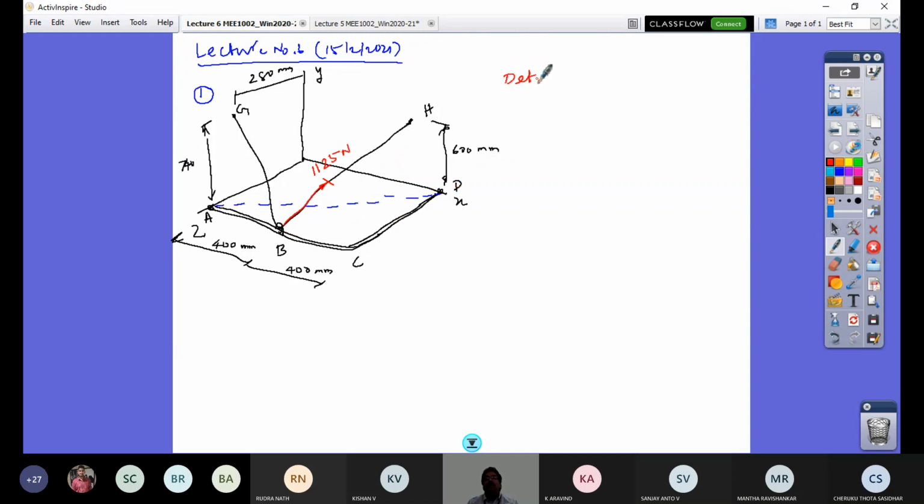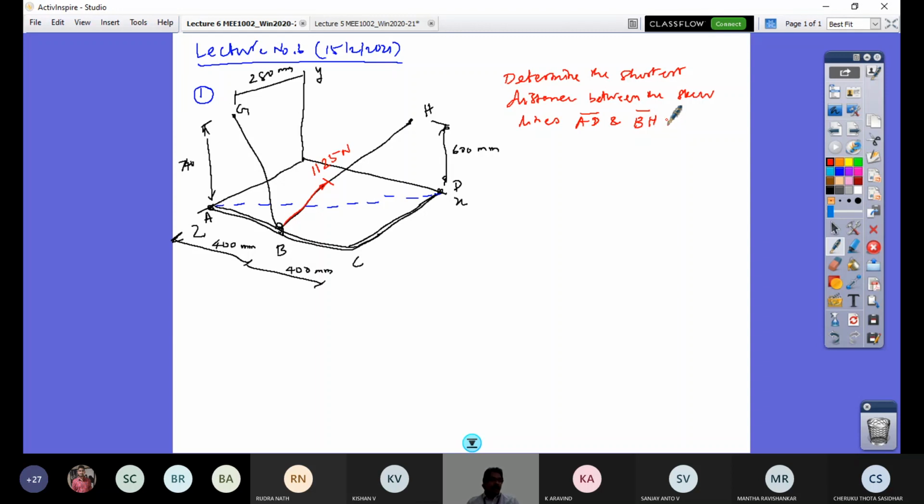Determine the shortest distance between the skew lines AD and BH. That's the question.